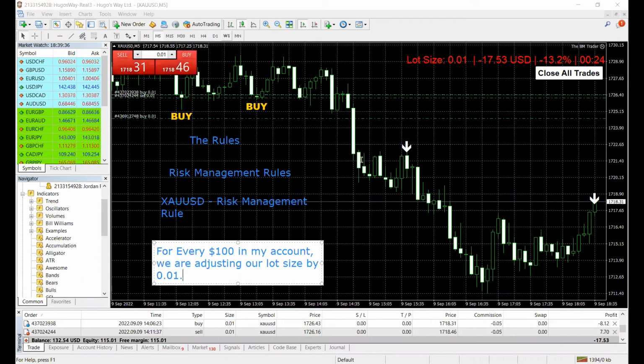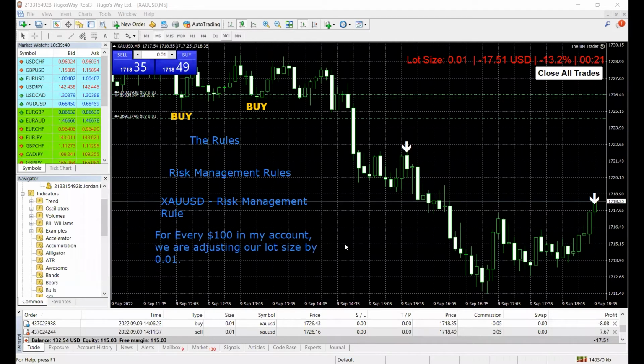Yes, by 0.01. Now, I do want to make a clarification on that rule. As we can see, our balance is $132.54. The equity is $115.19 so far.